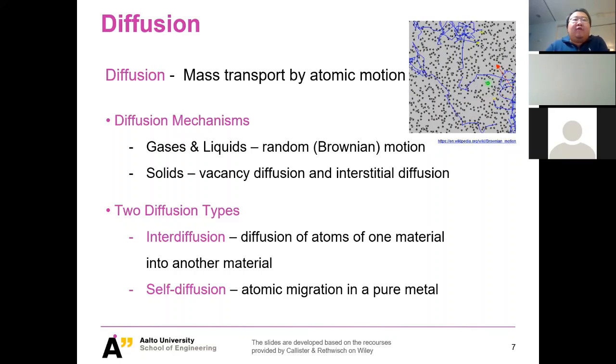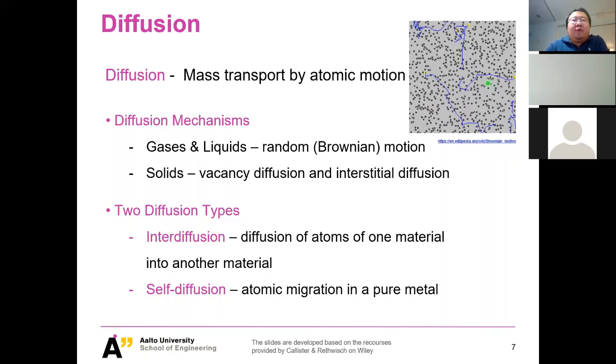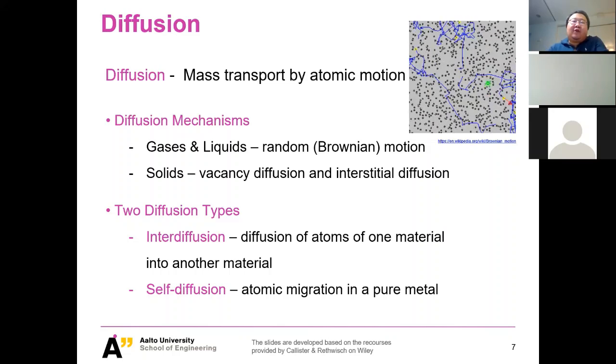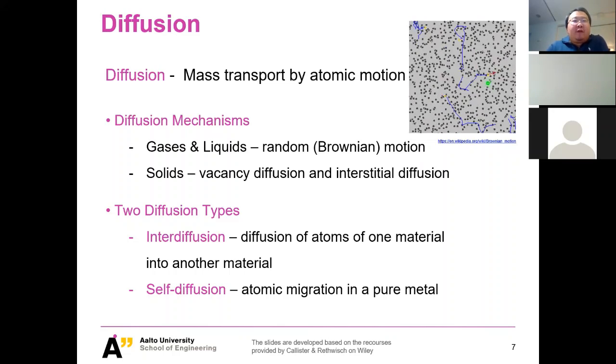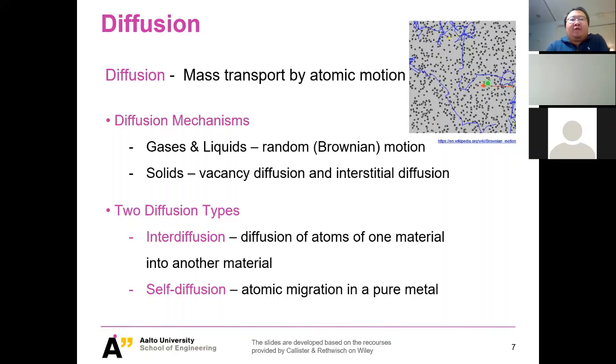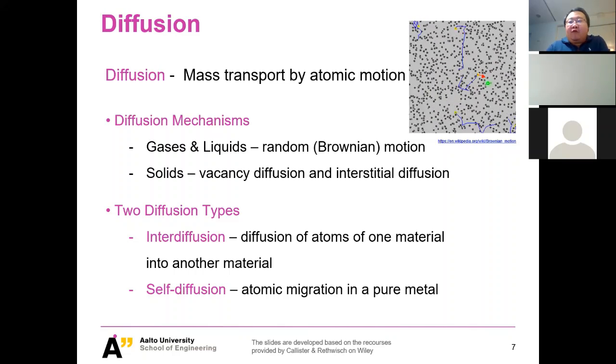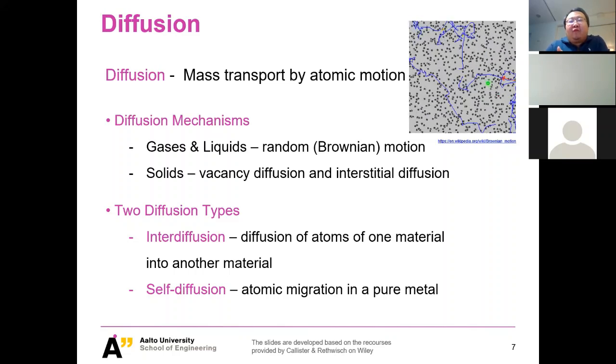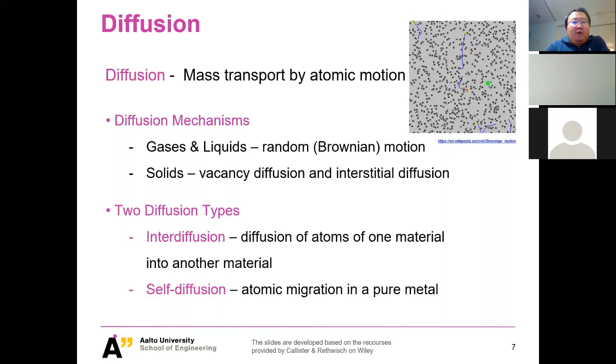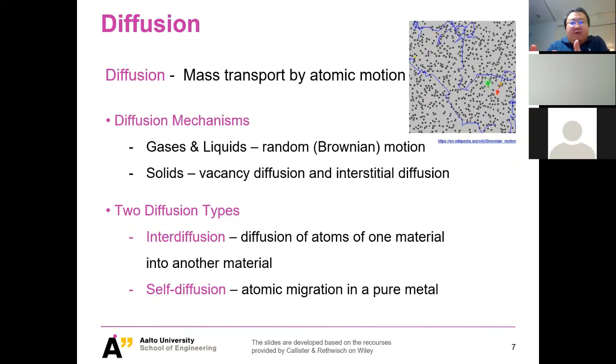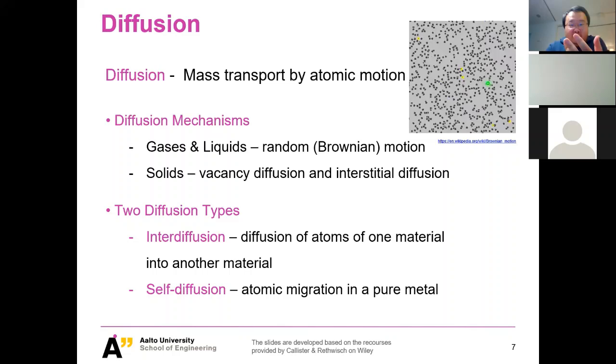And we could distinguish diffusion with different criteria. This is one criterion: whether you are diffusing atoms from two different materials, or just atoms of one material.